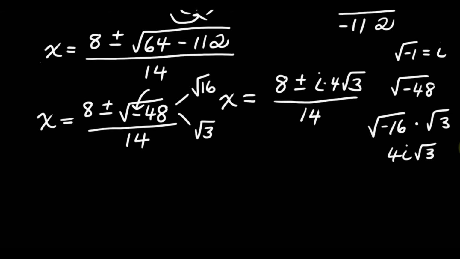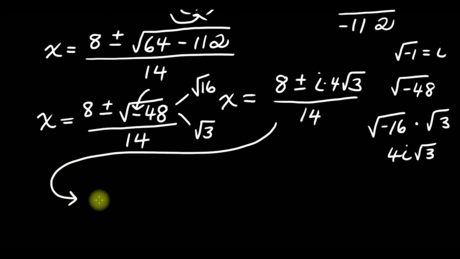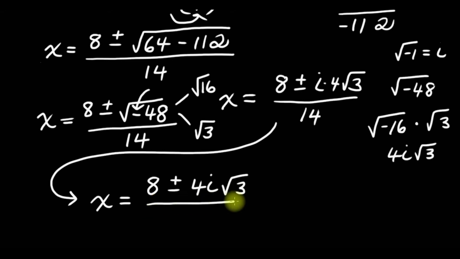Okay, so we're going to continue down here. All right, so I'm going to take this and we're going to write it down here. So x is 8 plus or minus 4i, because i times 4 is 4i, and then square root of 3, all over 14.